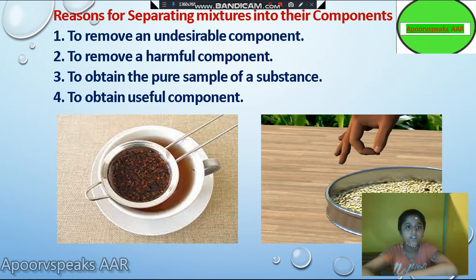Reasons for separating a mixture into its components: to remove an undesirable component, to remove a harmful component, to obtain the pure sample of a substance, to obtain useful content. Like you can see here, there is something used, in Hindi we say chutney.